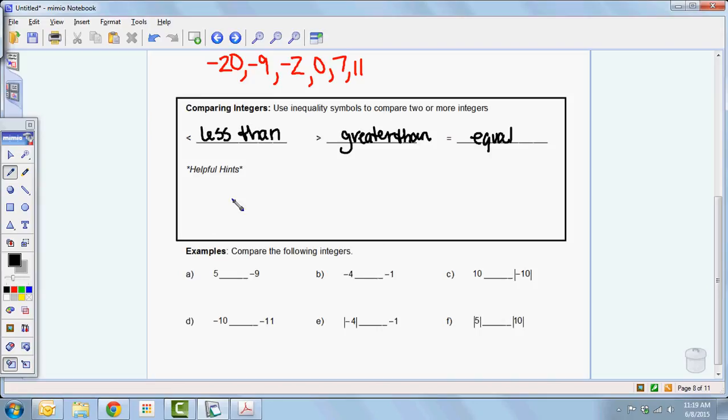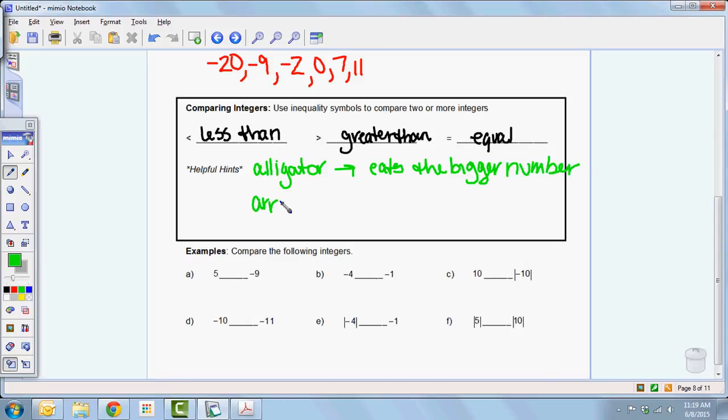Now, a lot of people use various hints for how to remember these comparison symbols. Some that I've heard in the past, some people like to think of them as alligator signs. Maybe you've heard of that. So the alligator eats the bigger number. Sometimes that might help you. Another thing that I've heard is the arrow.